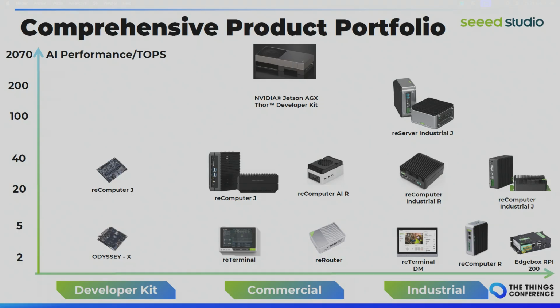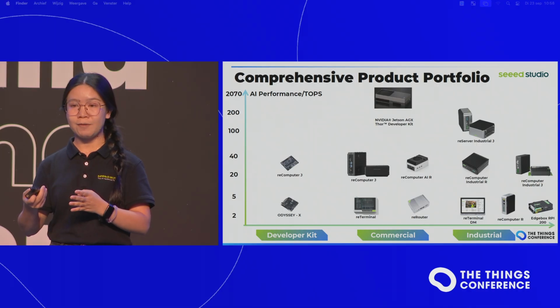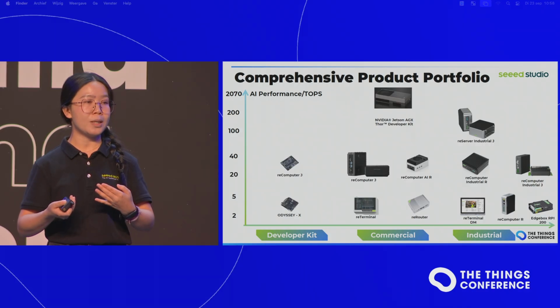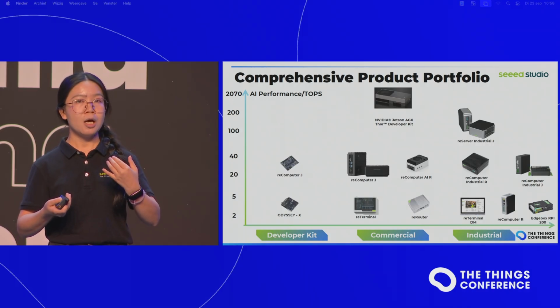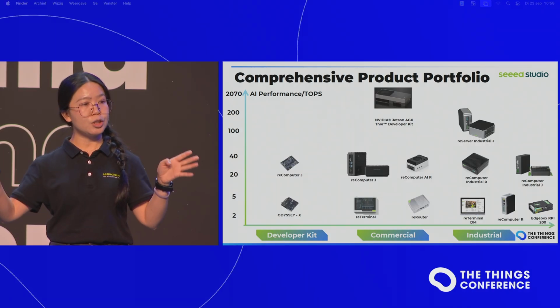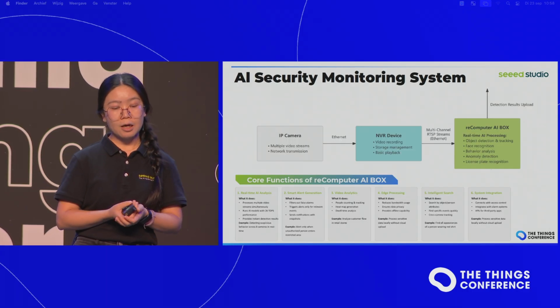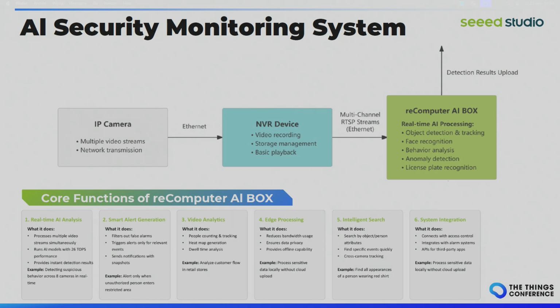We have development kits for you to build your proof of concept, and we also have devices for you to deploy in commercial applications, or more robust devices for applications in harsh environments, or environments that need a wider range of temperature or dust resistance, etc. Some of the applications of AI are, for example, AI security monitoring.